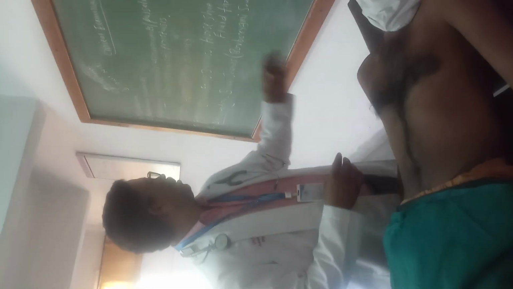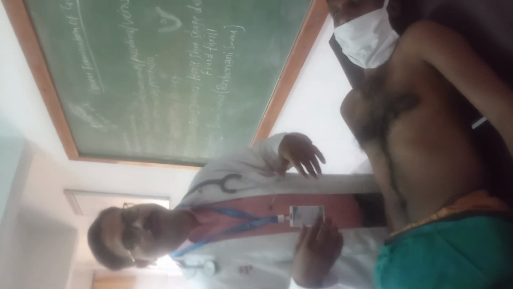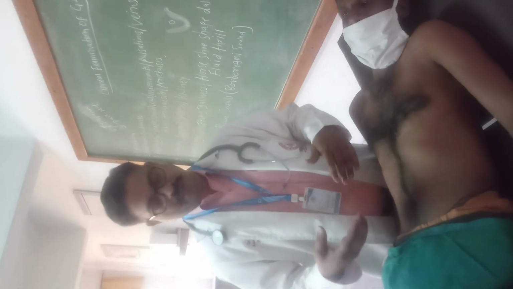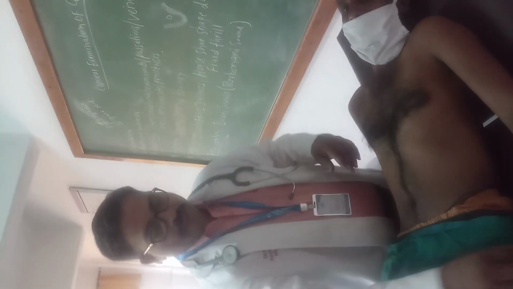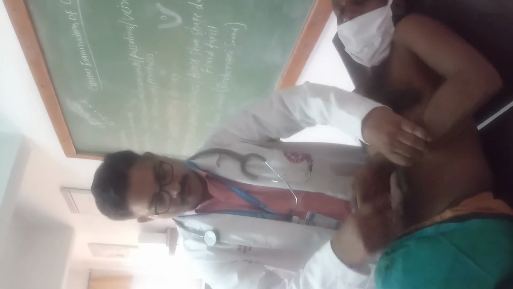Now last point under percussion, fluid thrill. Again this is the examination done if there is fluid in the peritoneal cavity like in ascites. In this, you have to ask the patient to keep the ulnar border of the hand on the abdomen like this, and you keep your left hand on the opposite side and give a gentle tap on the right side.